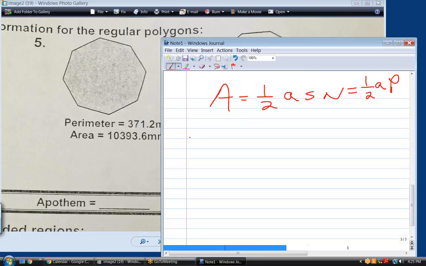So what should I write next? We're going to use this formula right there. Now just substitute in everything they give you and see if you can solve for the unknown variable.